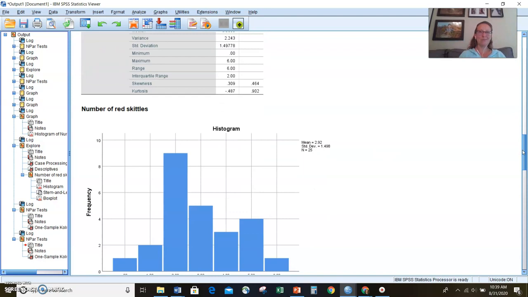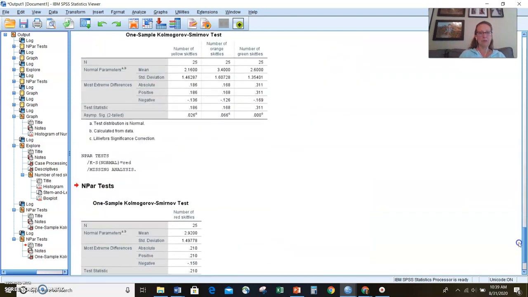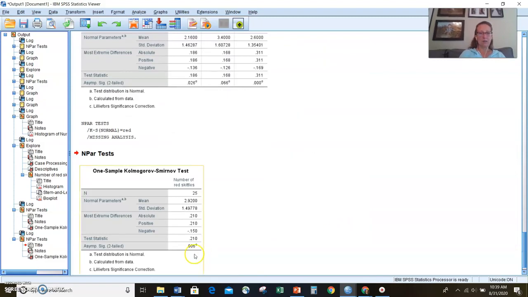So this one's a little off, but not too bad. And then if we use the Kolmogorov-Smirnov test down here, this does look like it's far enough off that we should call it not normal. All right, so hopefully one of those three ways is how you can decide, when I ask you to tell me about skew and kurtosis, what that distribution looks like.